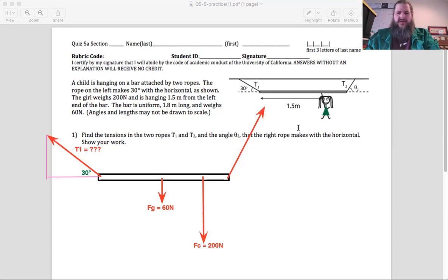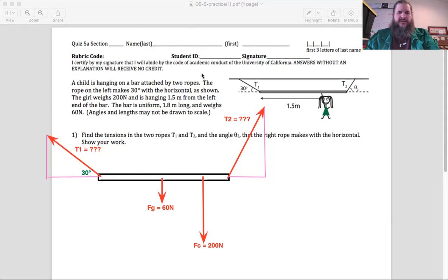And presumably T2 can also be split into components. Even though we don't know what the angle is, we can at least write it in terms of its components. So T2 is going to have a Y component and an X component, even though we have no idea yet what the angle is.